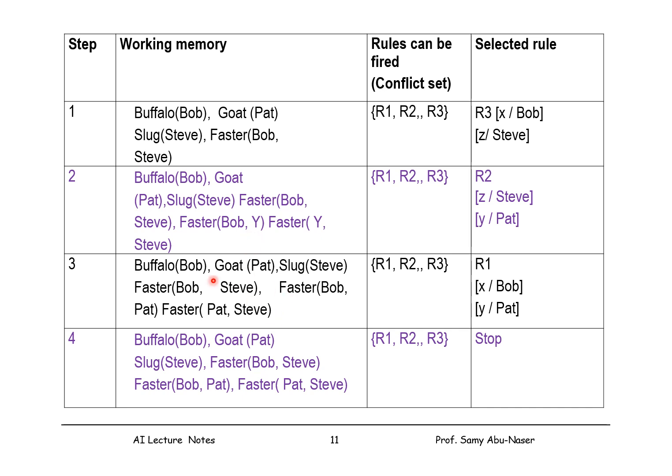So here is the result. We have Buffalo Bob, Goat Bat, Slug Steve, Faster Bob and Steve, Faster Bob and Bat, Faster Bat and Steve. Now we take these facts, check the rules which can be fired. All of them can be fired. We executed R3 and R2. We execute now R1.